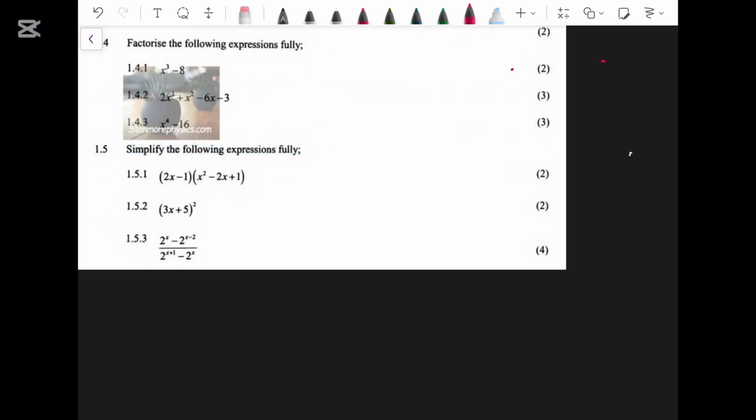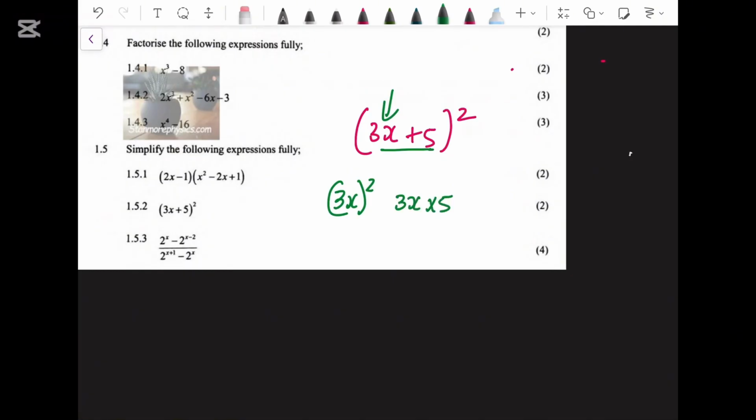Here we are squaring a binomial. So we have 3x plus 5 all squared. So when you are squaring a binomial, you can just square the first term here. So we have 3x squared. Multiply the 2, then times it by 2. So we have 3x times 5, and then all times what?